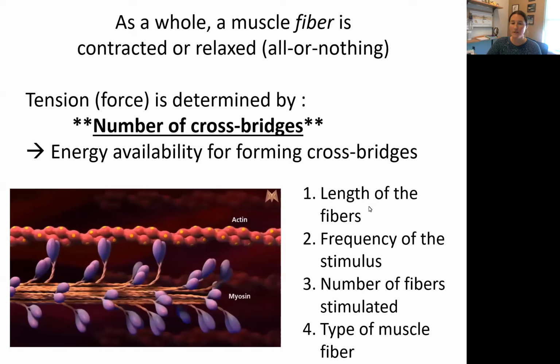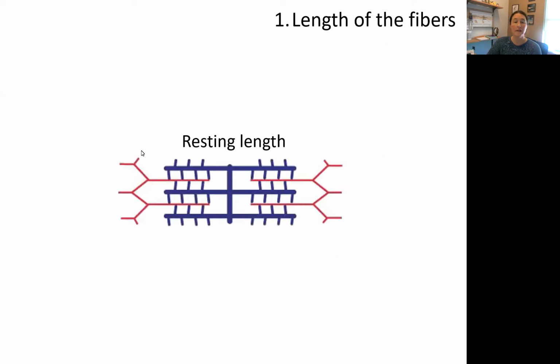So again, let's start by talking about the length of the fibers. What we can see here is a sarcomere. So Z disc, actin, Z disc, actin. The blue is myosin, here is the M line, and on myosin we can see the little myosin heads.